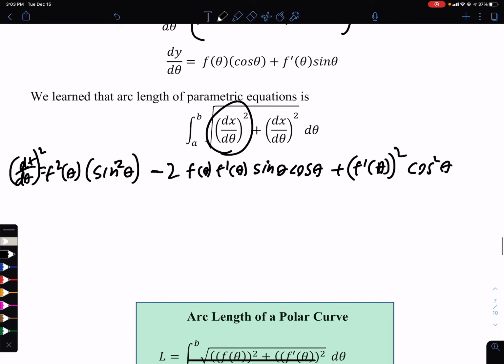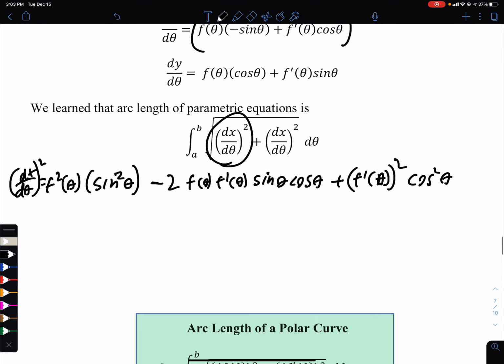Now I'm going to find dy d theta squared.